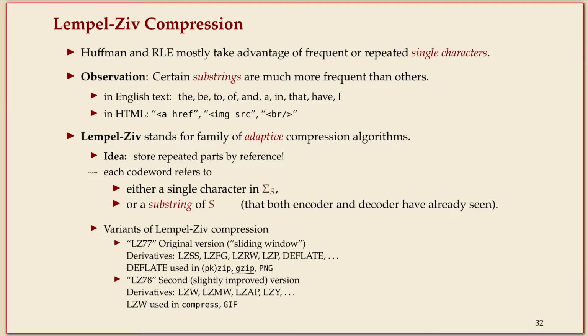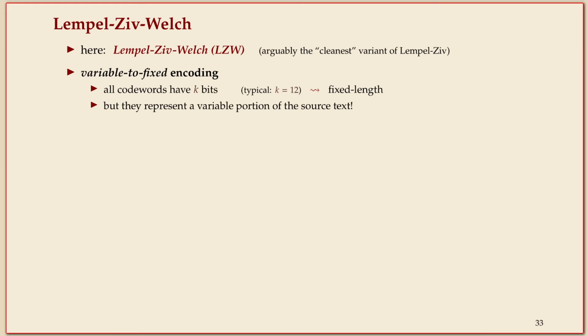And so that's also why these formats often behave relatively similar. So let's come to the star of our show in this section, the Lempel-Ziv Welch algorithm. It's usually seen as the cleanest version of those, so that's why I'm presenting this one as opposed to another one. But the others, they are similar in spirit.